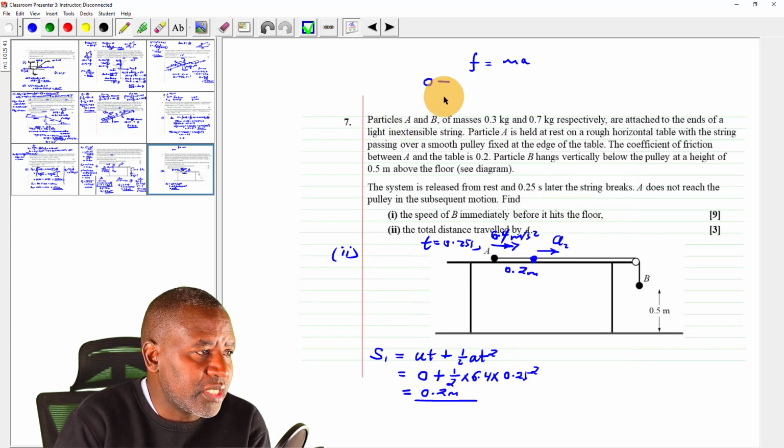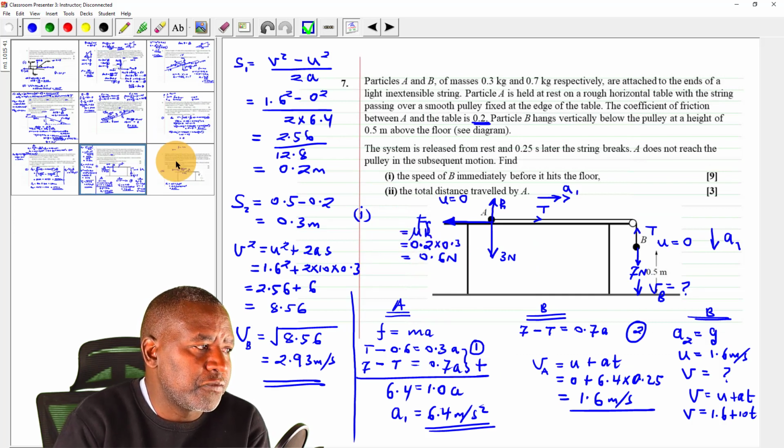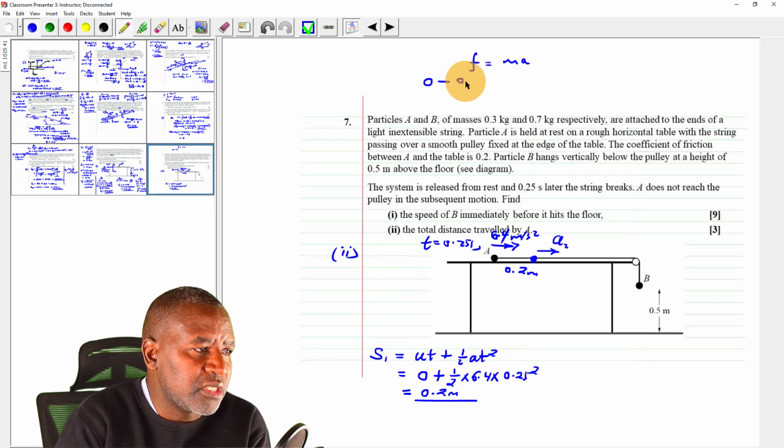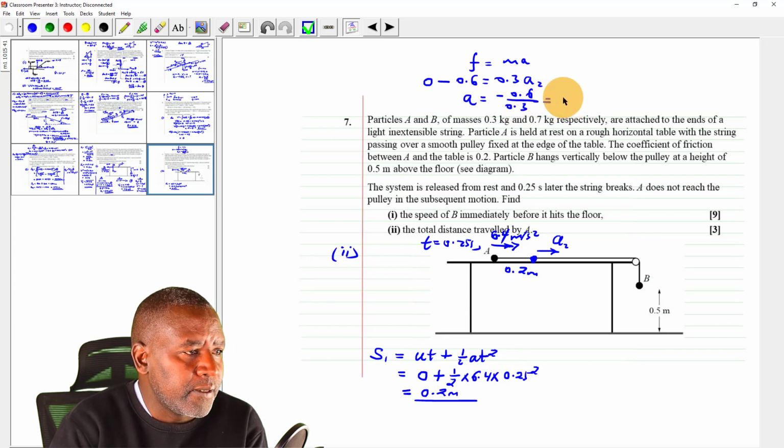So I subtract the force which is opposing that, which should be the friction force, which is 0.6 newtons, equals 0.3 A2. So A2 is going to be equal to minus 0.6 divided by 0.3. This is minus 2 meters per second squared.